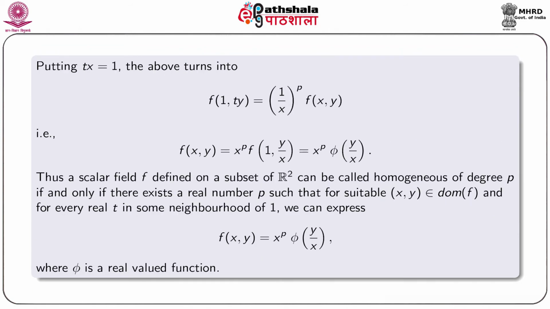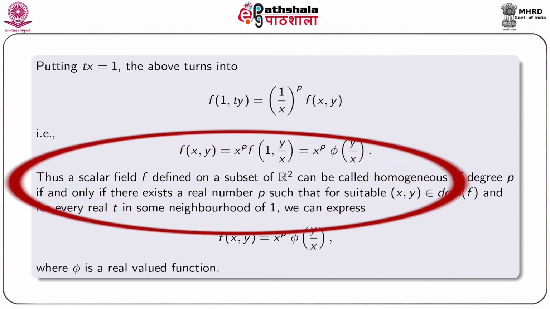Now, if we put tx equal to 1, then the above expression turns into the following: f(1, ty) equal to (1/x) to the power p times f(x, y), that is f(x, y) equal to x to the power p times f(1, y/x). So, we can represent this as x to the power p times some other function phi(y/x).